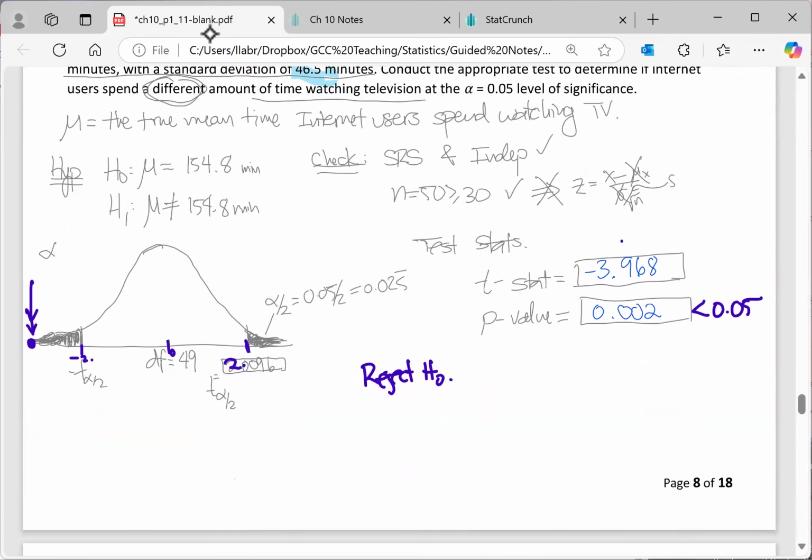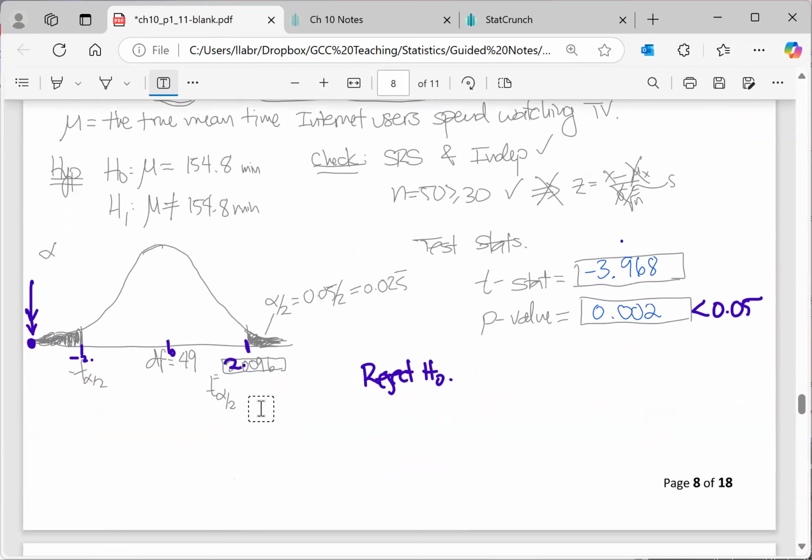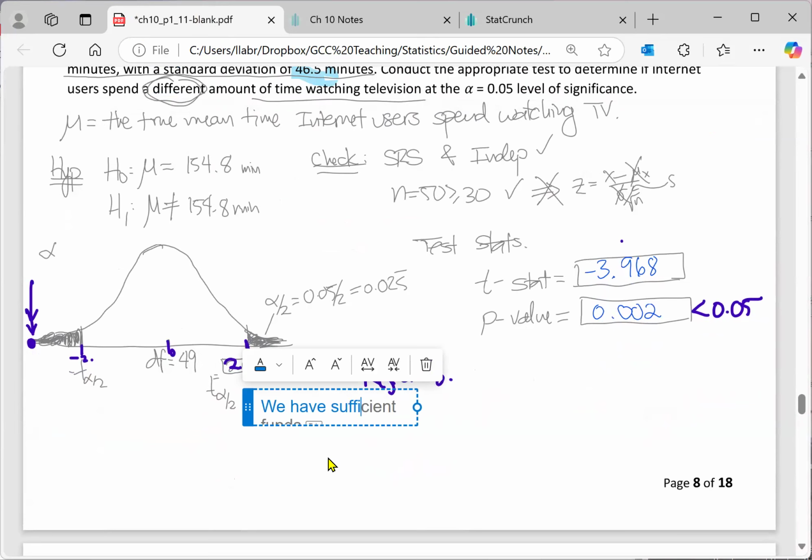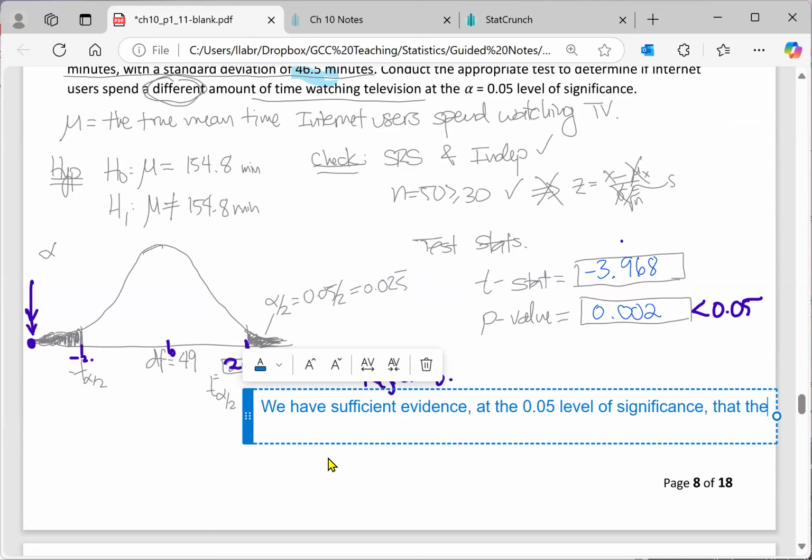So now that we reject H0, let's go ahead and write in our conclusion. We're going to say we have sufficient evidence at the 0.05 level of significance that, and then just basically describe the parameter.